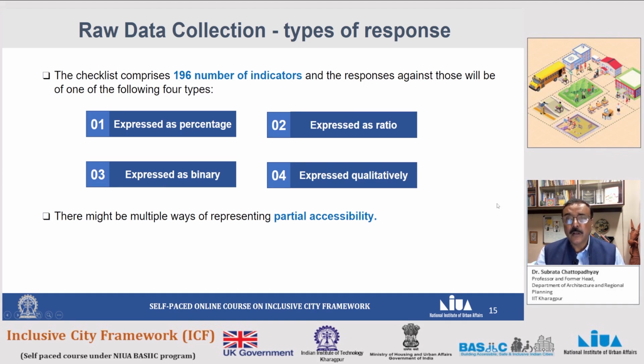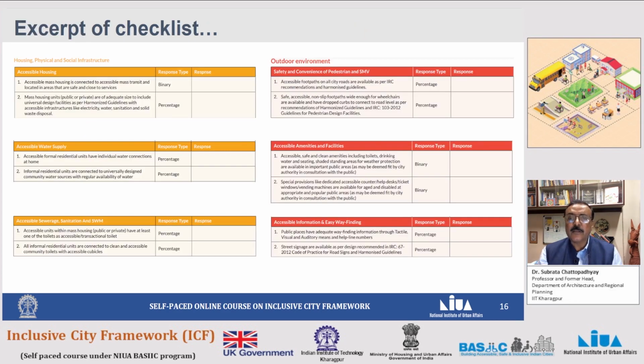Binary refers to yes, no, like whether the ULB has a special cell for inclusion, either yes or no. Certain expressions are qualitative, like affordability of metro rail, reliability of paratransit services, sense of safety in public places. Now, for your convenience and easy understanding, we have mentioned in the checklist itself what type of response you could expect from which indicator.